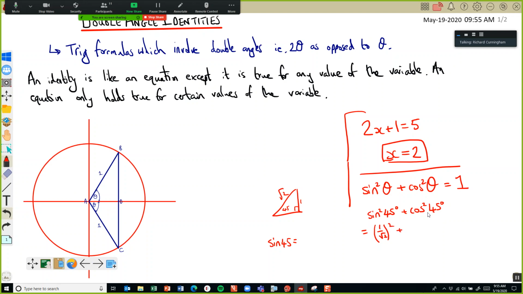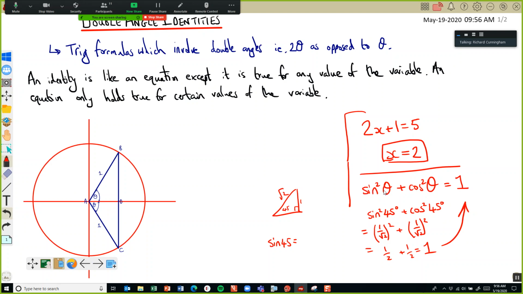What's cos of 45? Still 1 over root 2. What's 1 over root 2 squared? So I've got 1 over 2 plus 1 over 2, which equals 1. So that's true for 45.